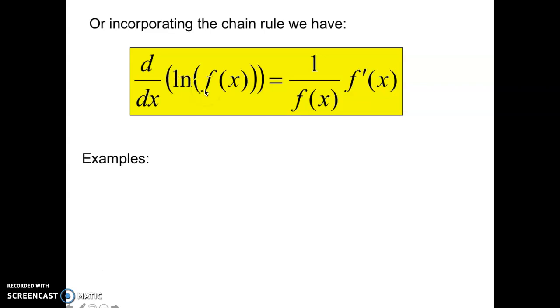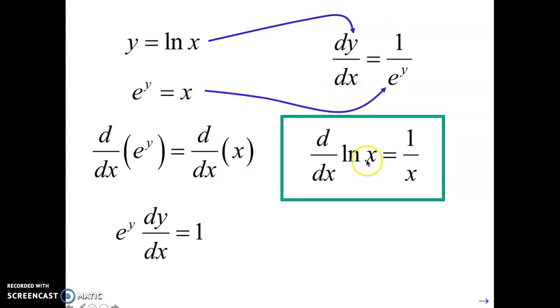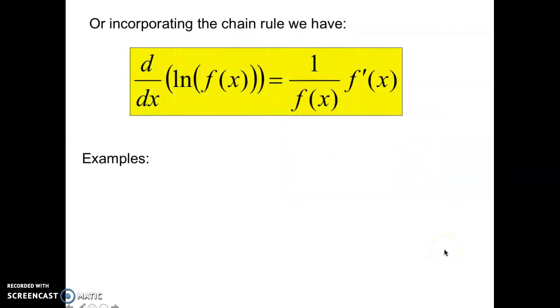So the derivative of the natural log of some function is equal to 1 over the function times the derivative of the inside function. Now, if we go back, it makes sense here too, because remember, the derivative of natural log is 1 over the function, which just happened to be x, times the derivative of x with respect to x, which is just 1. So it would be equal to 1 over x.